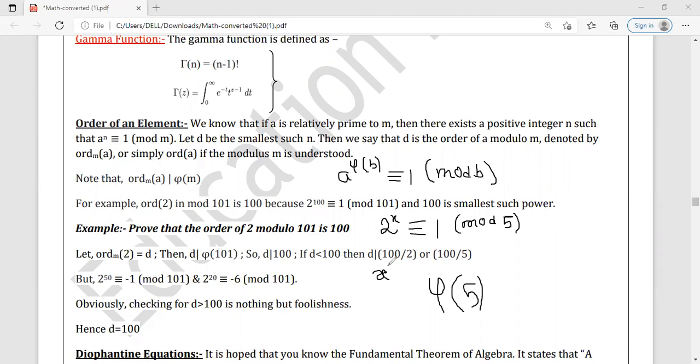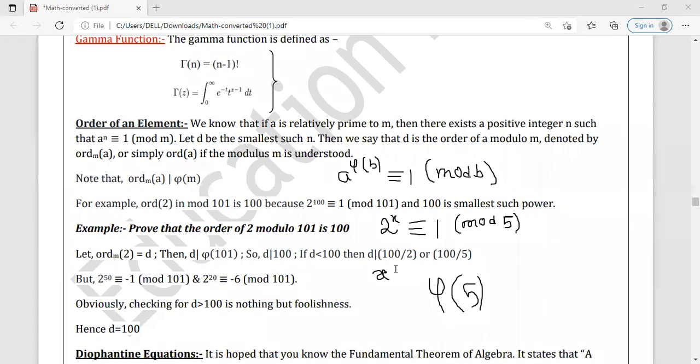What is the least value of x such that 2 to the power x is congruent to 1 mod 5? Tell me in the chat. See here, yeah, obviously it is 4.